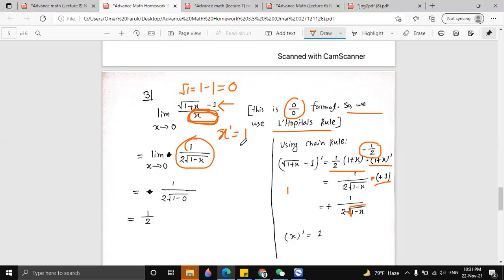So we don't need to write this one on the downside, because 2 by 1 is the same as 2. Now we can just substitute x equals 0 here.